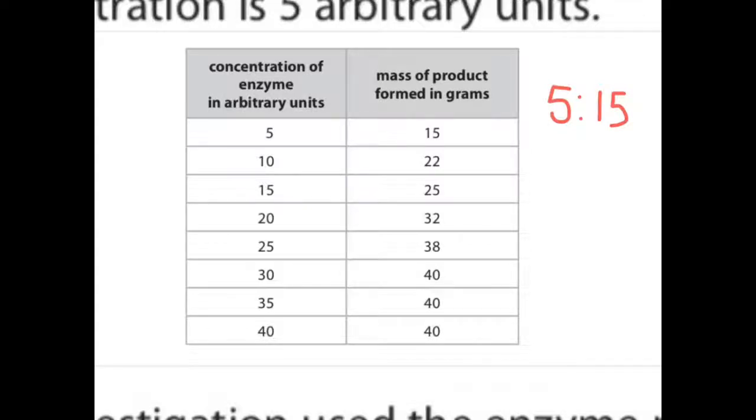To work out ratios or simplify them, you basically have to divide both figures by the lowest of the two. So that would be 5. So you divide this one by 5 and this one by 5. So 5 divided by 5 is 1, because that brings everything down in terms of 1. And then 15 divided by 5 is 3. So that's the ratio, 1 to 3.